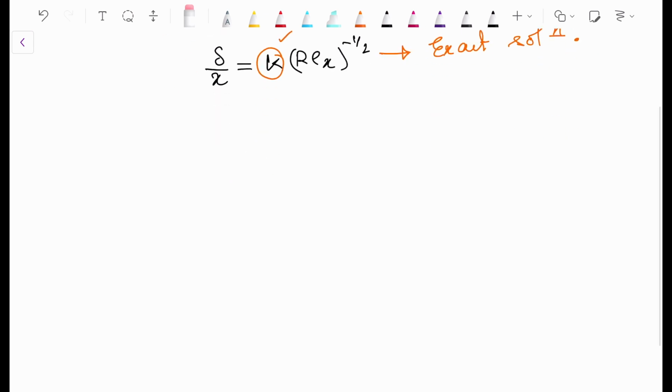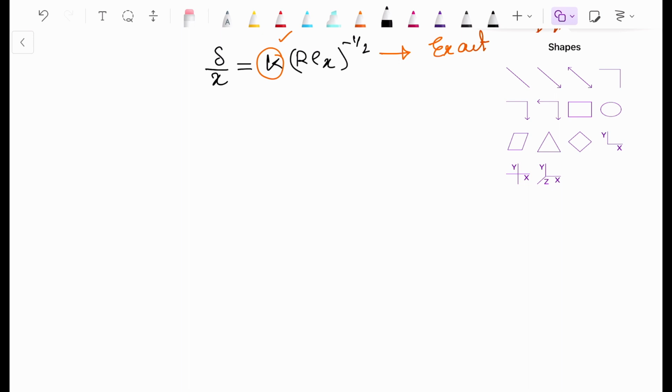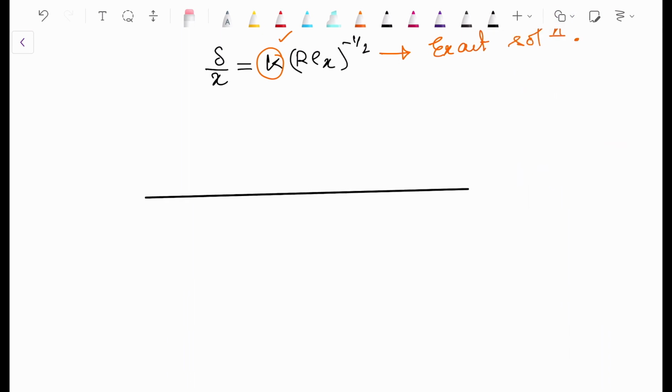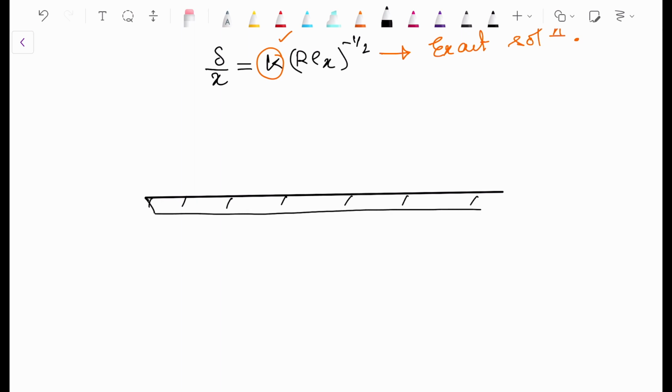So the philosophy of Blasius was, if I draw the boundary layer again on a flat plate, so this is the flat plate, and the fluid is flowing like this, having a velocity u infinity.